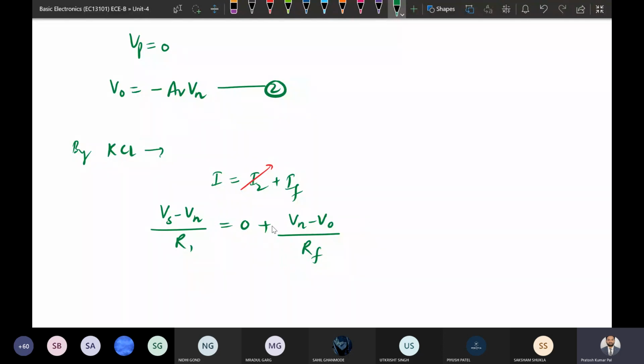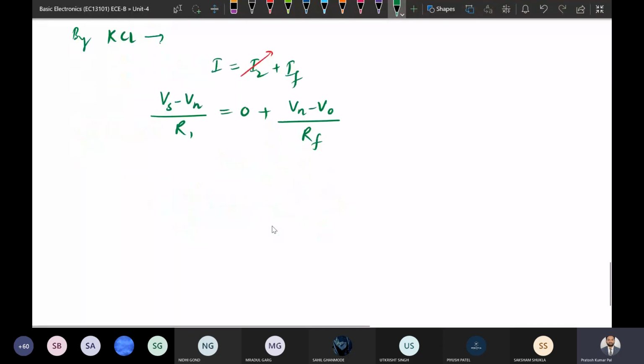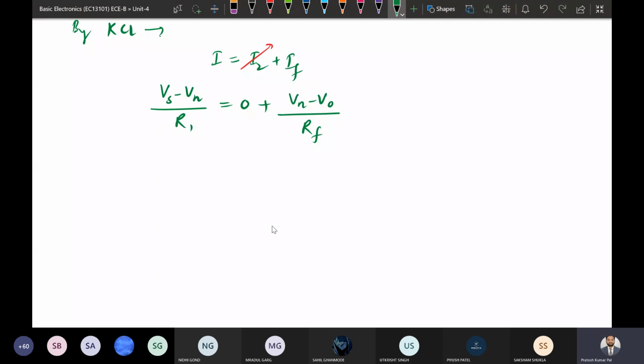Now we are not going to assume Vn equals 0. Vn is not equal to 0. So we need to separate the terms of Vn, Vs and V output. We transfer the Vn terms to one side.